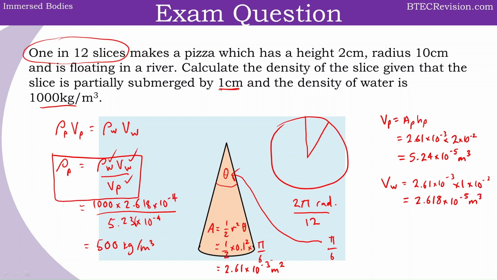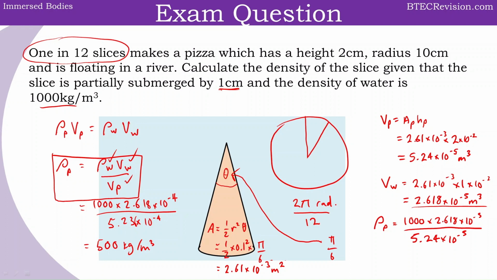Now we have all three unknowns to work out the fourth unknown. So we can plug all of these into our equation. That would be the density of the water, 1000, times the volume of the water, which is 2.618 times 10 to the power of minus 5, divided by 5.24 times 10 to the power of minus 5.